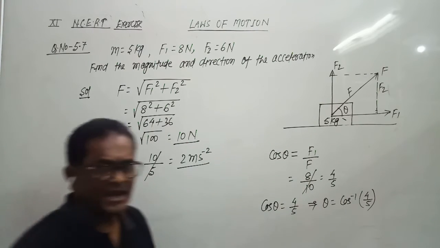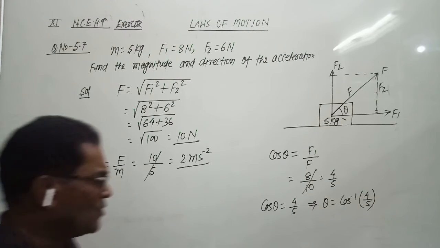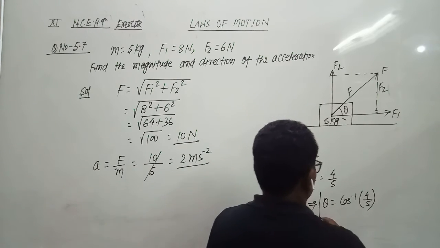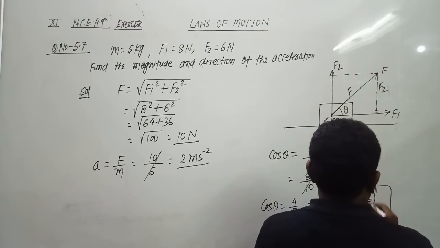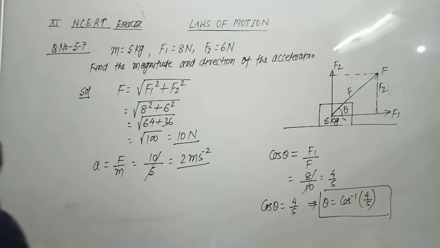Theta is the direction of the resultant force which it makes with the horizontal. Because the value of 4 by 5 in cos is not given, the direction is cos inverse 4 by 5.